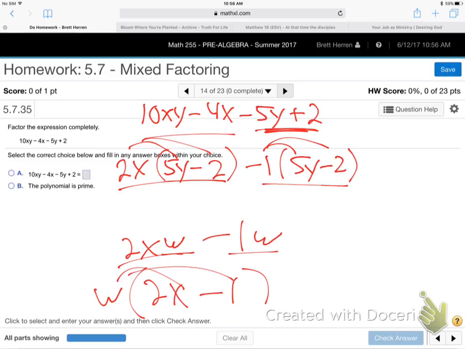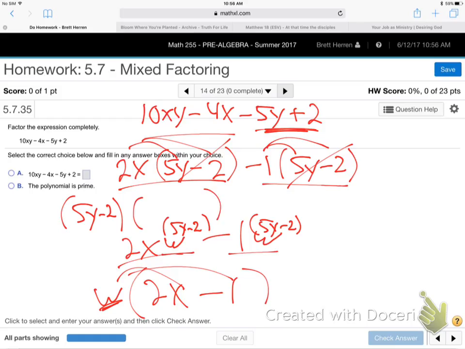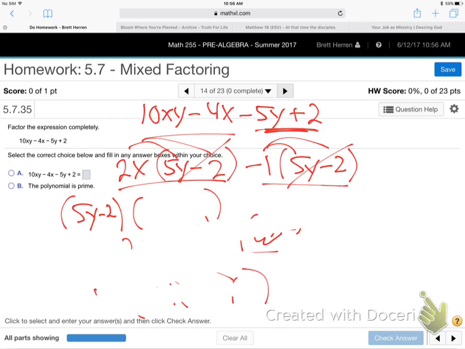Well, it's the same thing with, instead of the w, we have a big old parenthesis 5y minus 2, parenthesis 5y minus 2. Same thing. You just take out one of them, because they both have it in common. You put that 1 in the front, like 1w in the front, 1 (5y minus 2) in the front, remove it. That'll be redistributed to both of them, right? Start a new set of parentheses. Probably confusing with all this extra stuff down. Let's get this out of the way now.